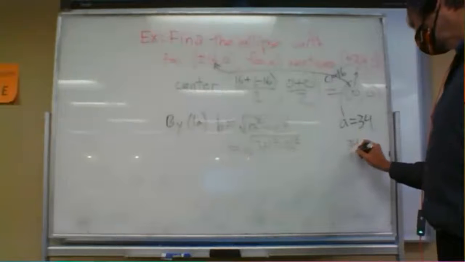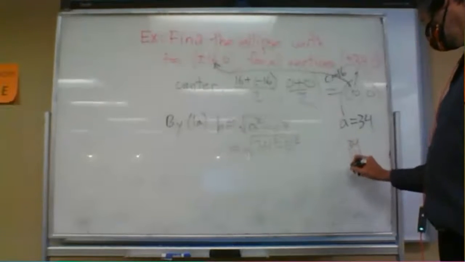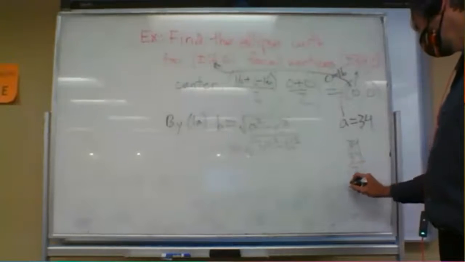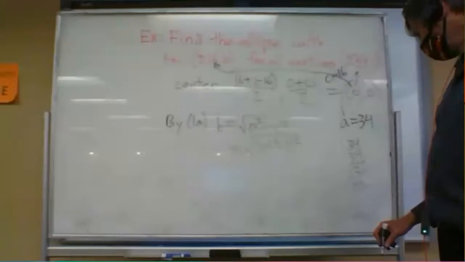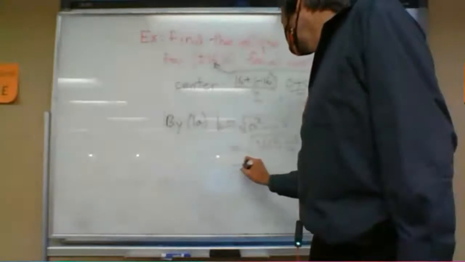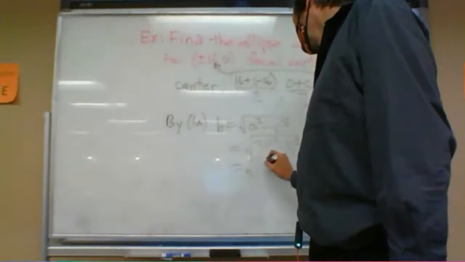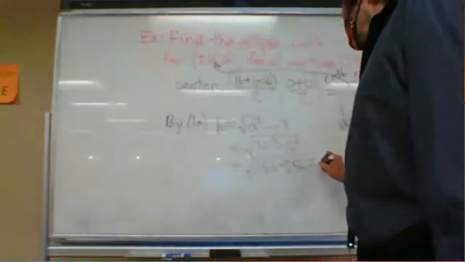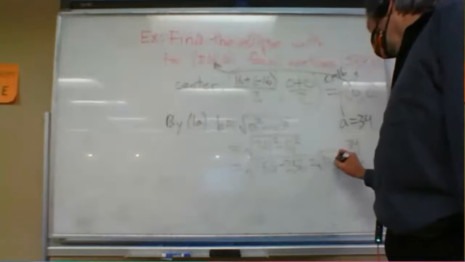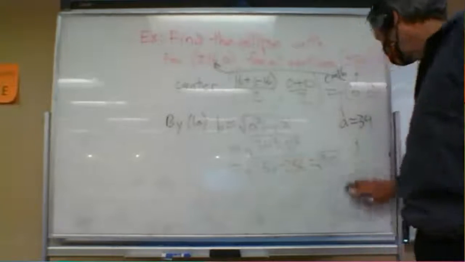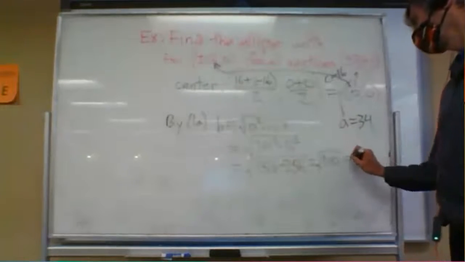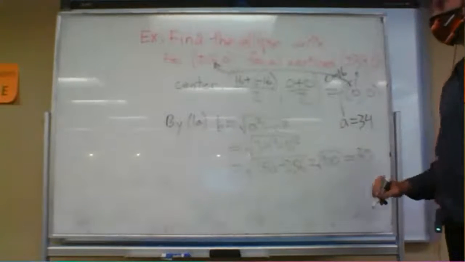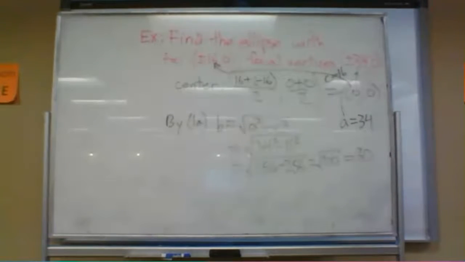I should get my calculator. 1156 minus 256 is 900. Square root is 30. So evidently B is equal to 30. Now I immediately have the equation for the ellipse. So what is it?